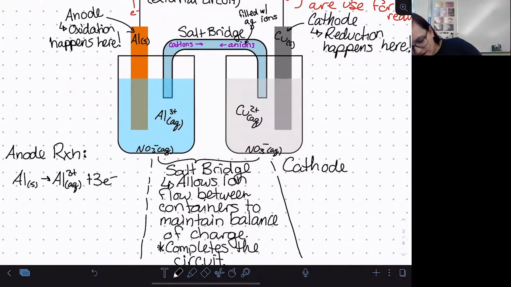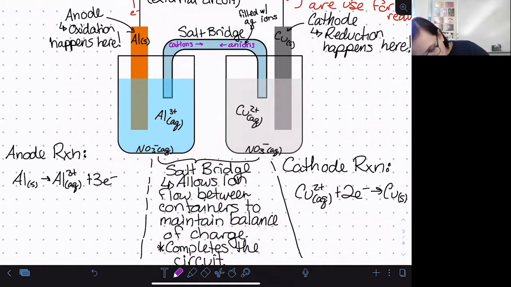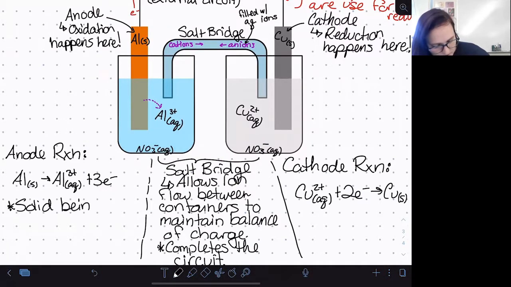Our cathode reaction was copper 2+ aqueous grabbing 2 electrons to produce copper solid. So in the anode, our solid electrode here is reacting and turning into aqueous stuff. It's dissolving gradually. So our solid over here is being consumed in this reaction.